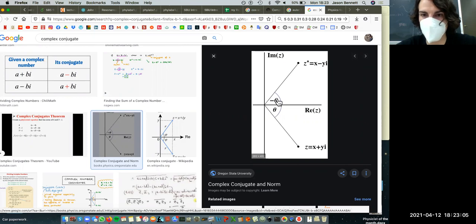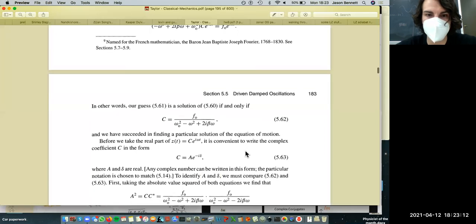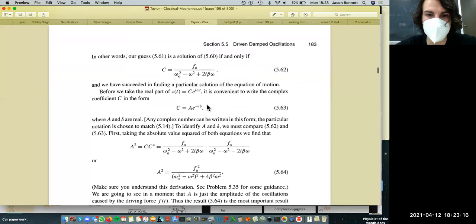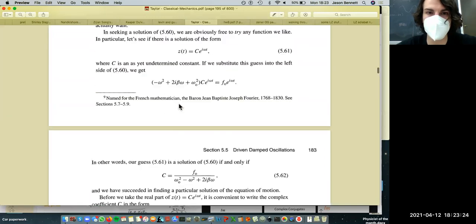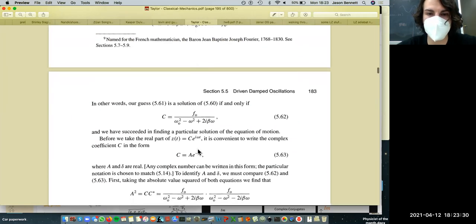Here they use theta instead of the phi they're using over here. Or actually over here, they're using a delta. And the way that we can simplify this is to note that because we assumed a complex solution, this is a complex number. And we know that complex numbers can be made from these two things by that Euler's formula I had over here.